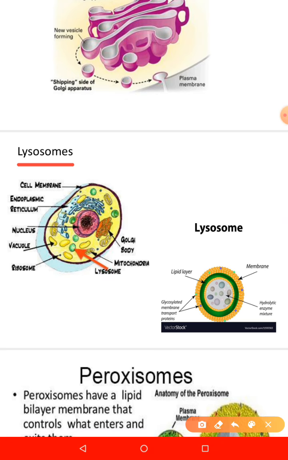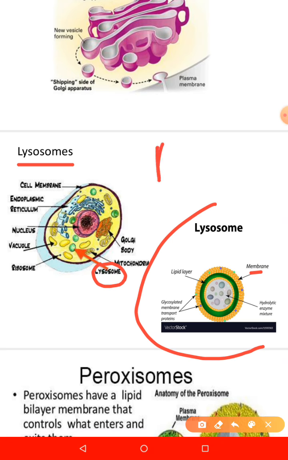And then we have the lysosomes. Where do we find the lysosomes? There they are. And this is a detailed structure of the lysosome. The lysosome, we said, is made up of a membrane. Lysosome, not ribosomes. Do not confuse it with ribosomes.